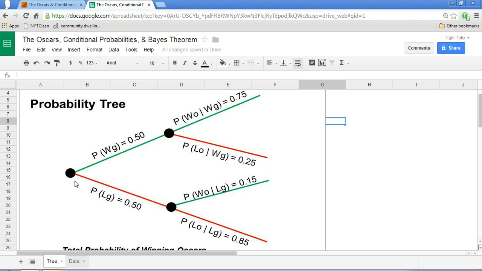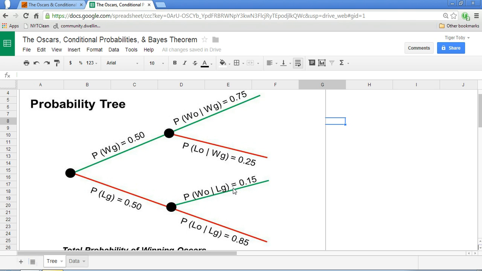Similarly, if you take the probability of losing the Golden Globes times the probability of winning the Oscars given that you lose the Golden Globes, that gives you the probability of winning the Oscars and losing the Golden Globes. 0.50 times 0.15 gives you that probability.